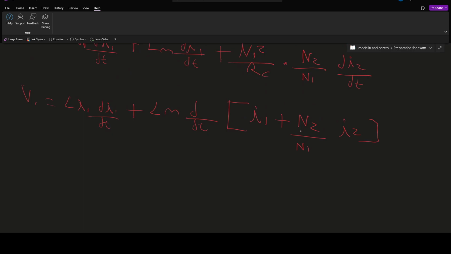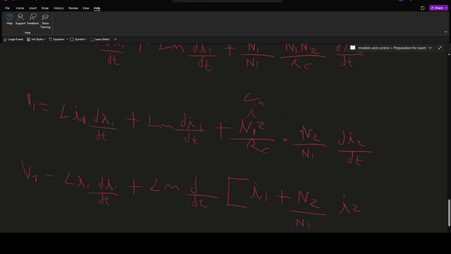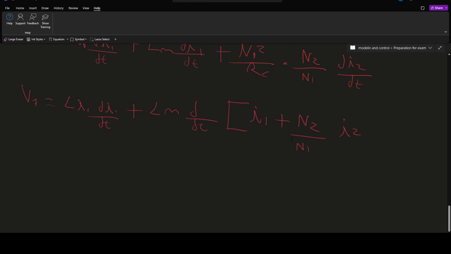So here we can start seeing the ratio that we care about. So now we have the equation for the voltage in the primary. So we can draw an equivalent circuit of this. We do the KVL.